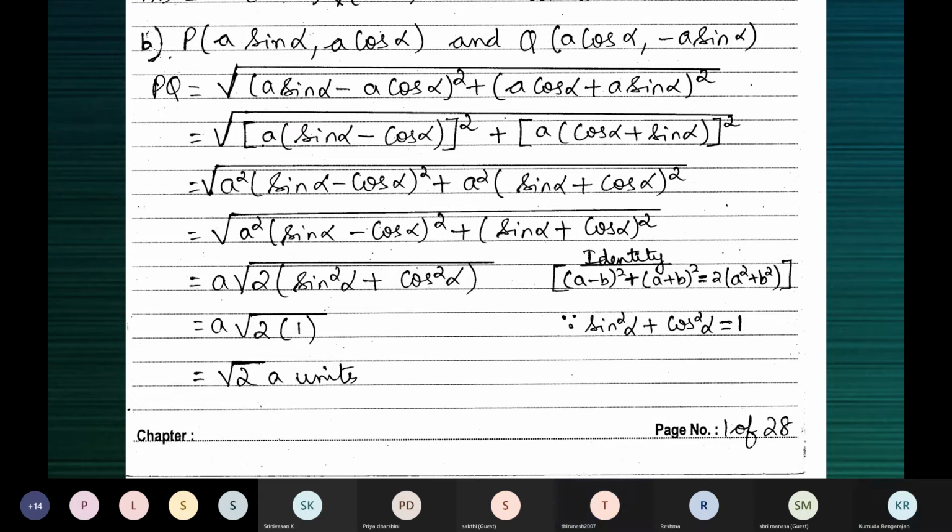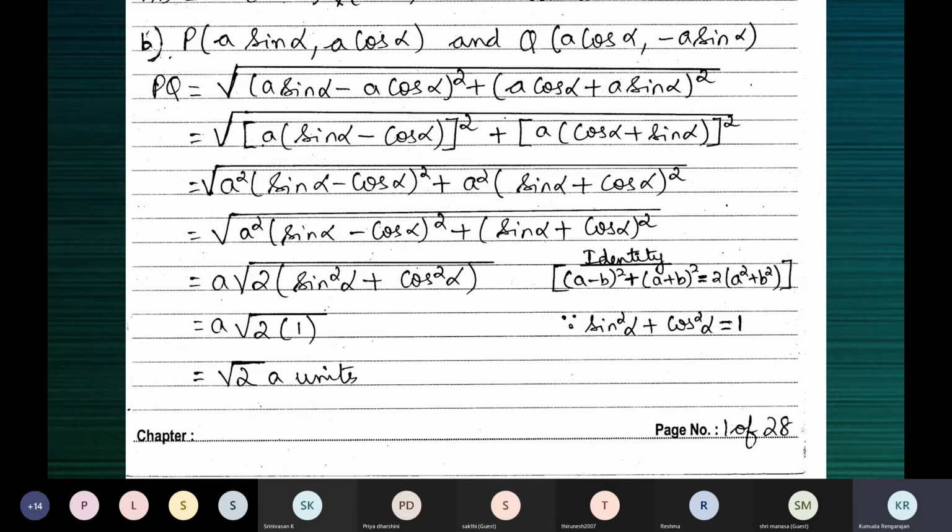Very good. Tell me in words. Square root of the difference between the abscissa, the whole square, plus the difference of ordinates, the whole square. Very good, Thirunesh. Thank you. Most of us know it, but there's a traffic jam, so some of us held back.